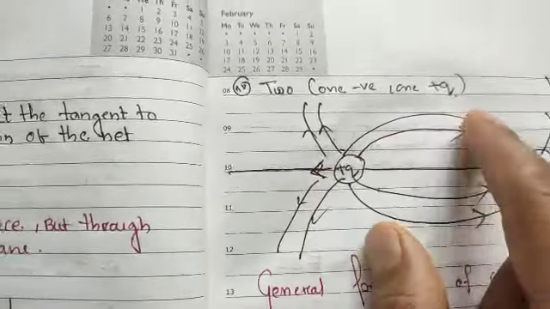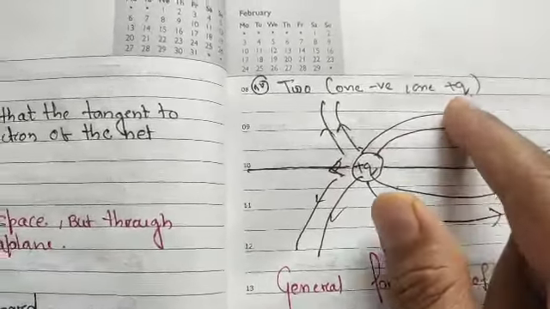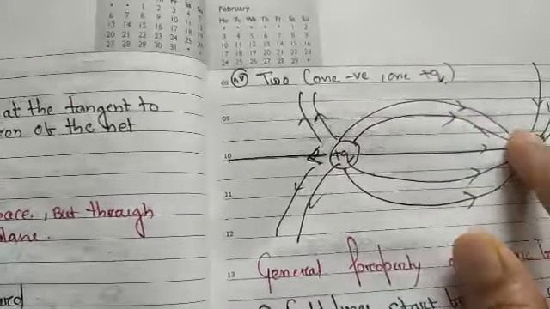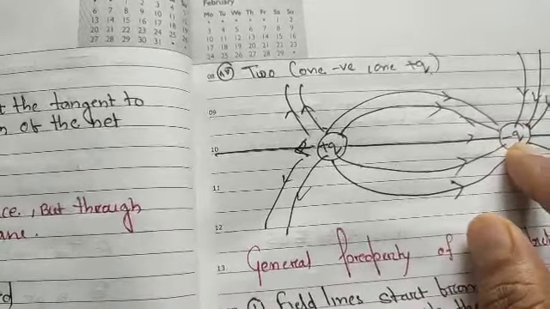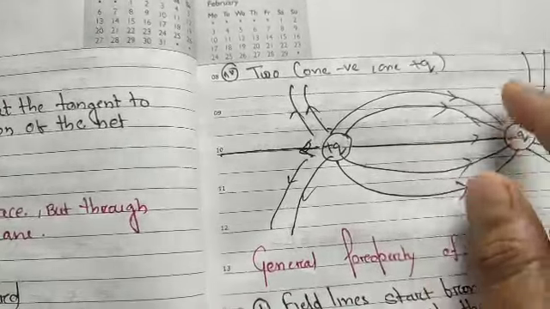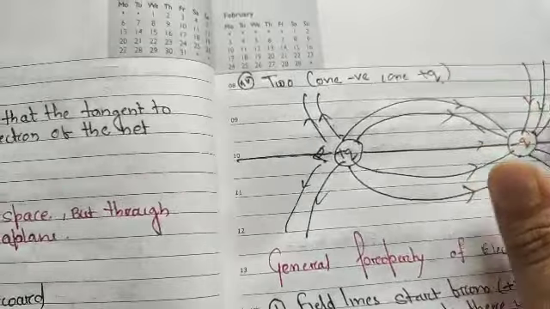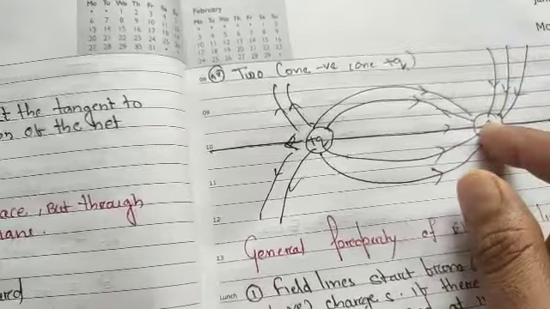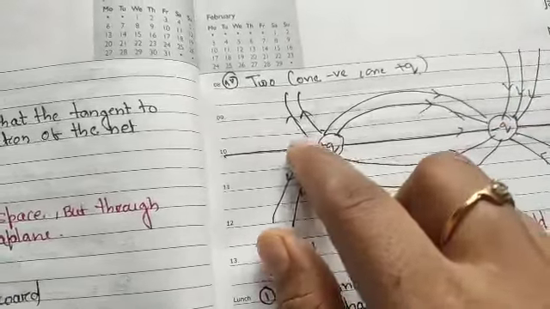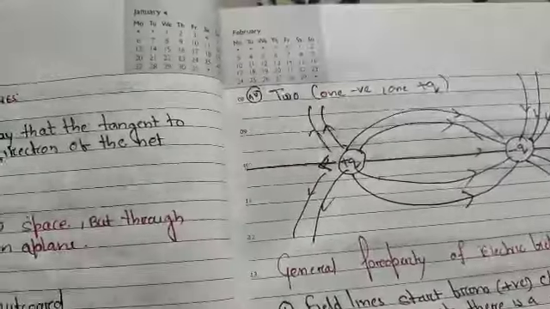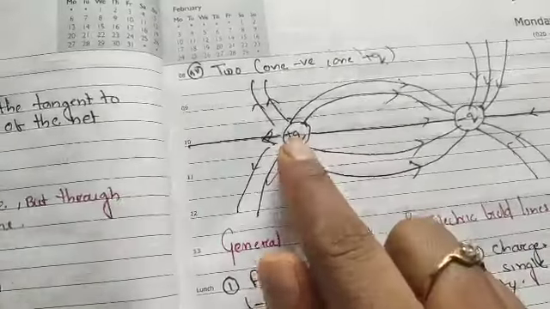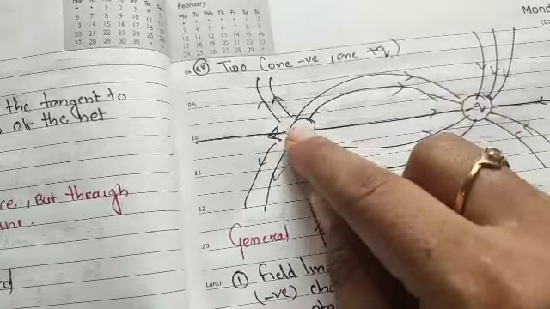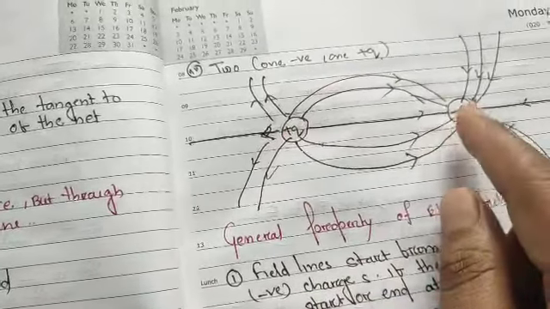See, the direction is again outward, not coming towards, it is in the outward direction, and it is reaching the negative charge. So see, the direction of this arrow is in the inward direction, and the direction for the positive charge is outward. But if you are considering two, there is an attraction, means positive and negative. So the field line starts from positive and ends towards negative charge.